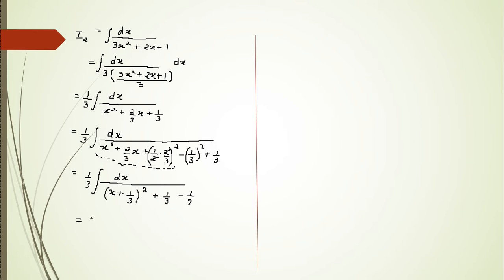So this is equal to 1 by 3 integral dx divided by x plus 1 by 3 whole square, right, plus 3 minus 1, so I'll get 2 by 9.